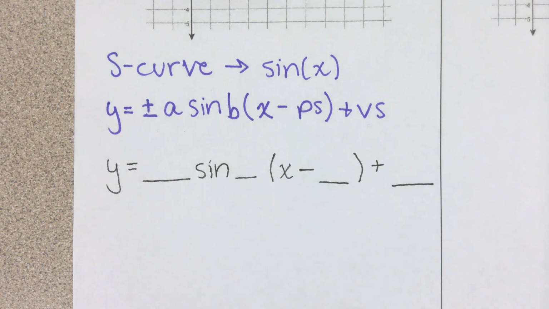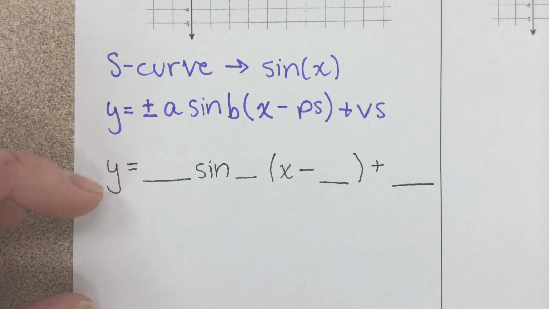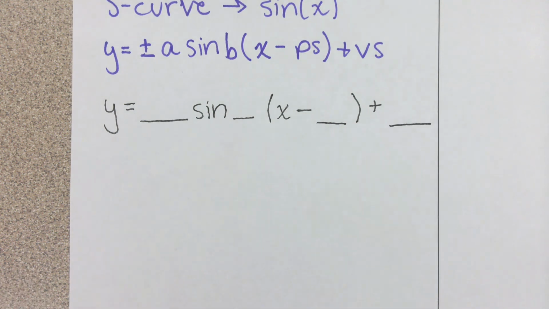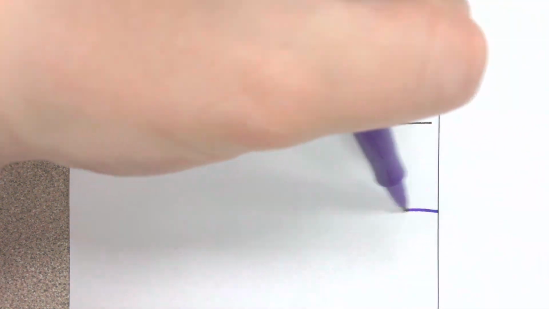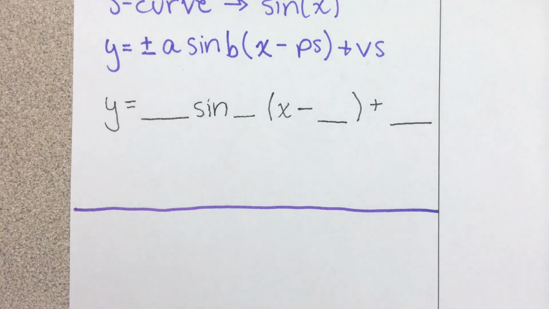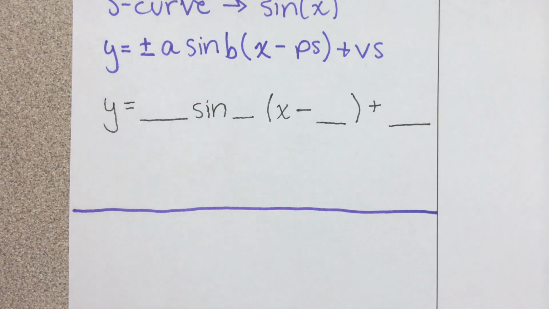We have to find these four pieces of information before we're able to finalize our equation. I'm going to leave a little bit of space under here to write the final equation because there are going to be some ways to make it look a little nicer. So under that line is going to be my workspace.